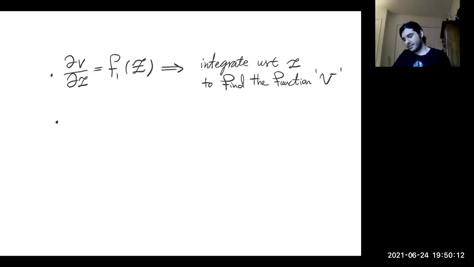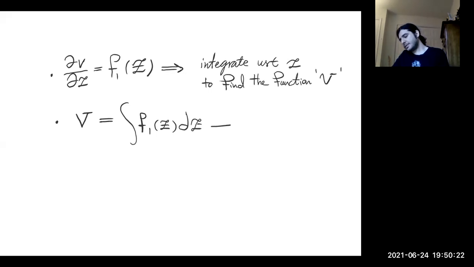So we would get v equal to the integral of f1 of z dz plus a constant, but it's constant only when we think of z as the variable. This constant might have w.